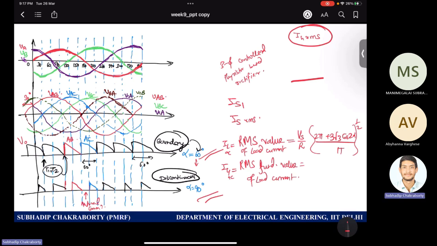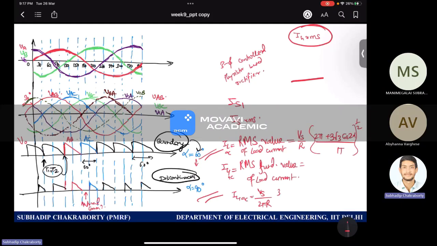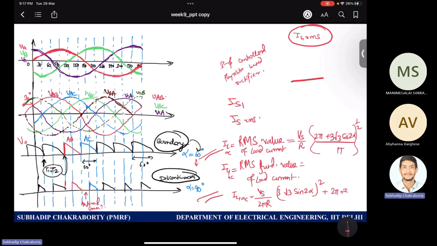So after this you have IL1 AC, the fundamental of the load current AC component: Vs by 2 pi R into ((3 root 3 sin 2 alpha) whole square plus 2 pi plus 3 root 3 cos 2 alpha), whole to the power half.